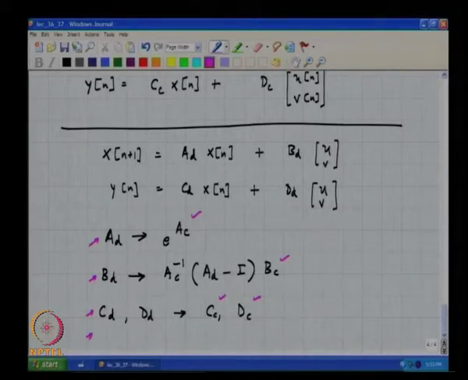You understand? Of course, one thing I would like to bring to your attention is that you must make sure that the assumption of the input being modeled well by a first order held waveform is valid. Okay.